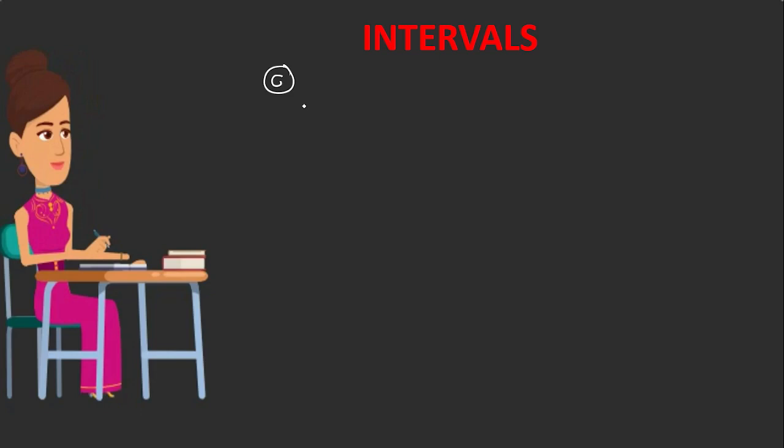Then on this diagram, since we are looking for A intersection C, we can simply analyze A. A is simply equal to open bracket -2 comma 6 close bracket, and then C is simply equal to close bracket -1 comma 8 and then open bracket.